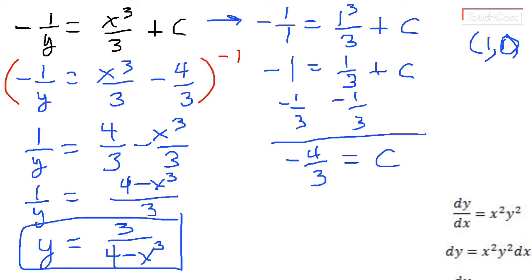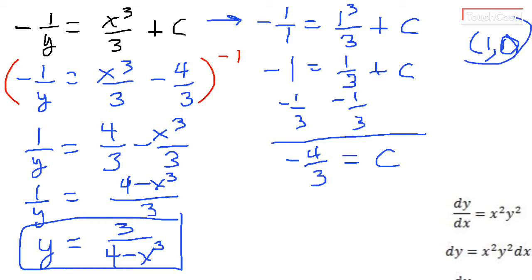I want to call to your attention some things you could do to check your answer. Given that this problem is probably worth more than any other problem on your whole AP test, you might like to take some steps to make sure you haven't made any silly mistakes, because you'd hate to lose those points. Here's a really quick, easy one.